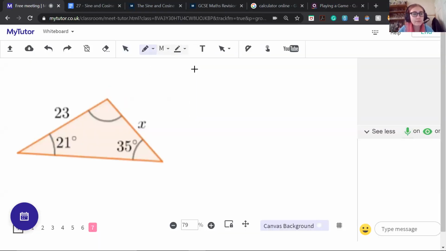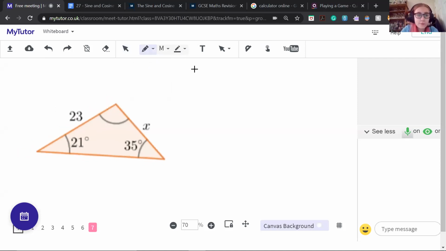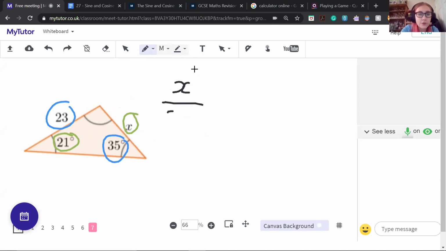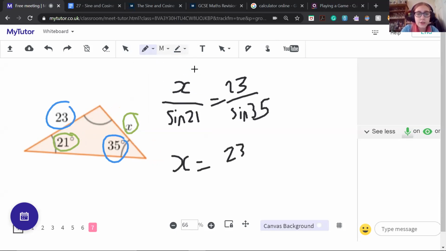So this is the sine rule. We spot our pairs here and here and write them out like that. So x over sine 21 equals 23 over sine 35. So x is going to be equal to 23 sine 21 over sine 35, I've just multiplied up there.